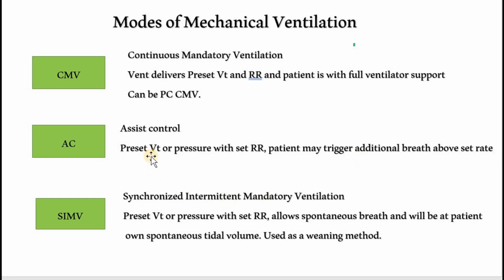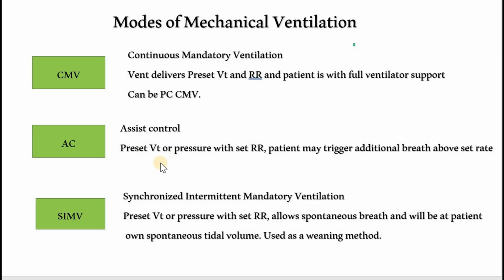is delivered. Example, if the preset tidal volume is 500 and the set rate is 10, that means in 1 minute, 10 breaths are provided to the patient by the ventilator, and each breath has 500 ml of tidal volume. But if the patient takes 2 more breaths in 1 minute, the ventilator senses that breath, and when the patient initiates that breath, the ventilator will provide this 500 ml of tidal volume.